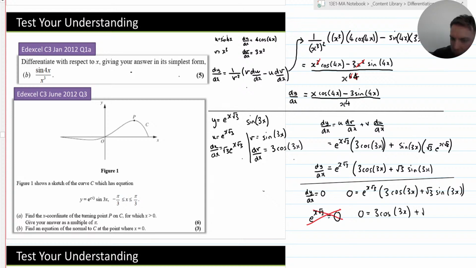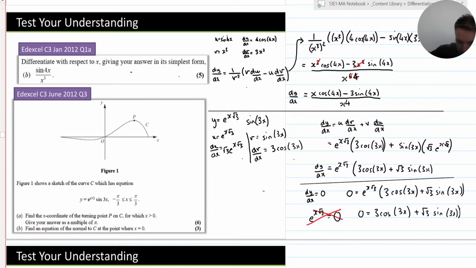So we're just left with this part here, zero is equal to 3 cos of 3x plus root 3 sine of 3x, like so.